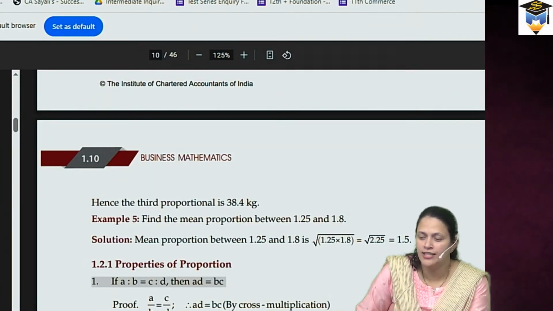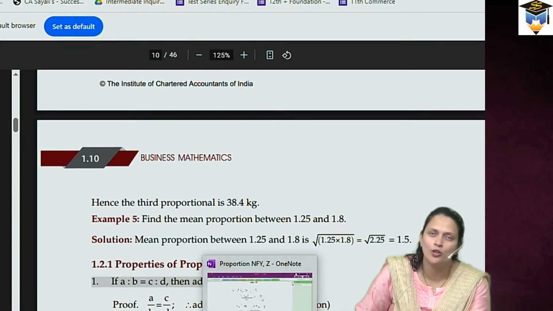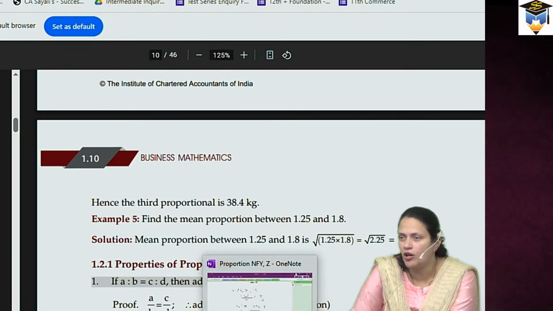Now we are going to study the properties. Oh sorry, it is not 2.5. 2.25 is a square of?